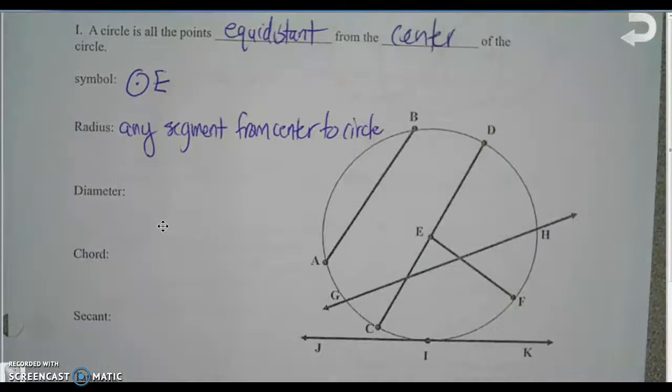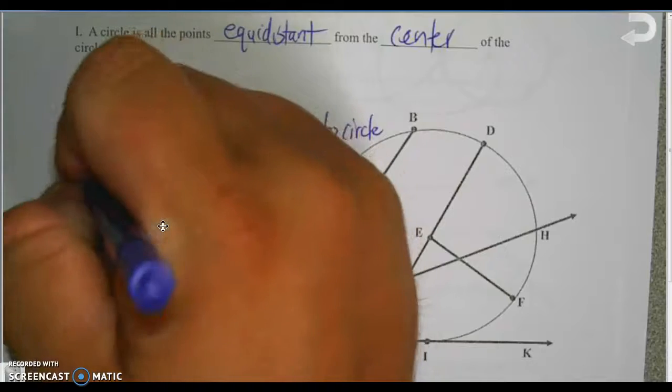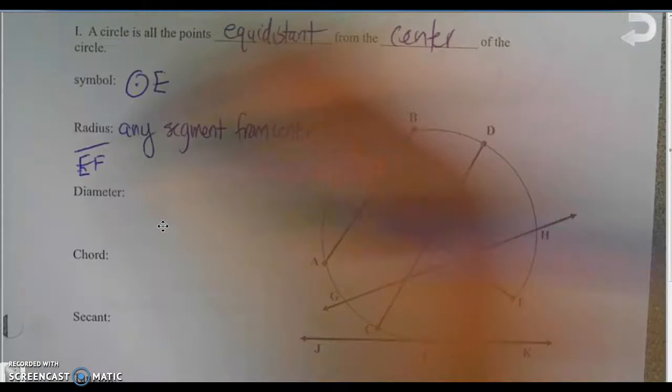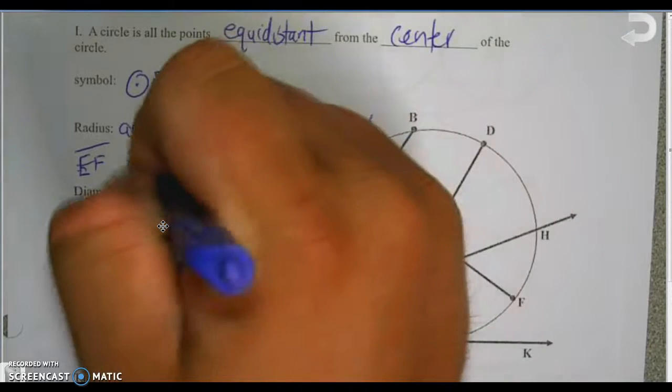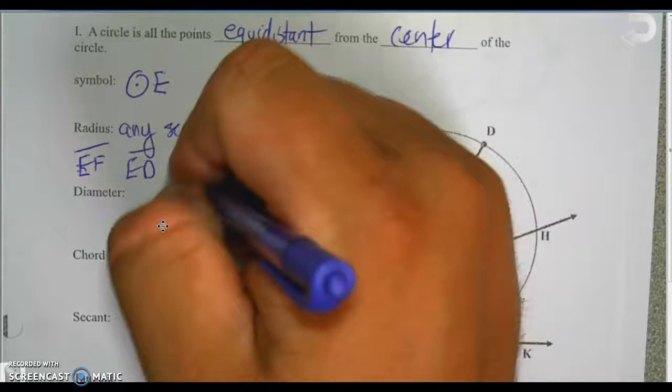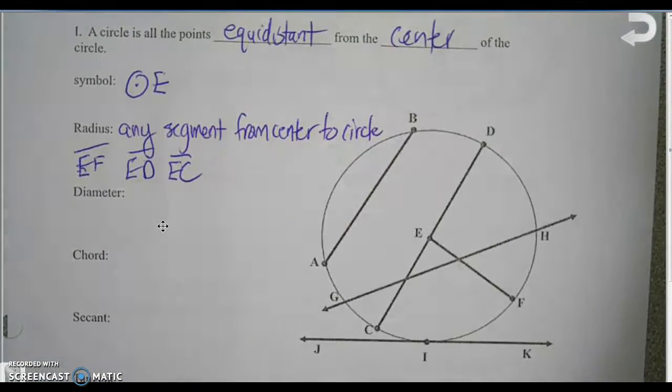And there are 3 radii in this circle. There's radius EF. There's radius ED. And there's radius EC. Notice that when I name these, I always start at the center and work my way out.